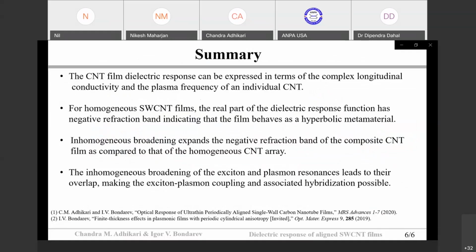Let me summarize what we talked about today. The carbon nanotube film dielectric response can be expressed in terms of the complex longitudinal conductivity and the plasma frequency of an individual carbon nanotube.